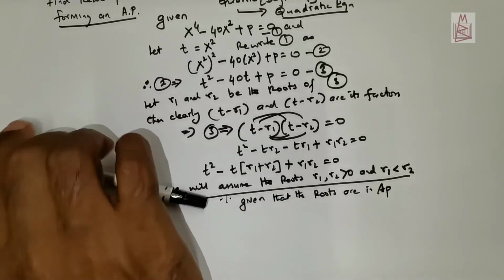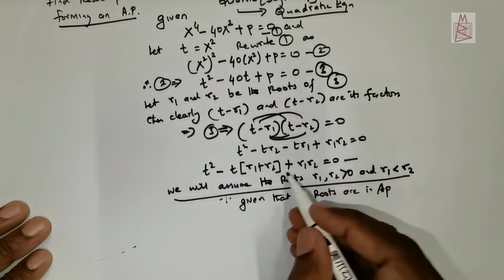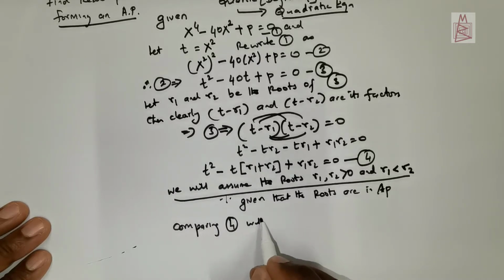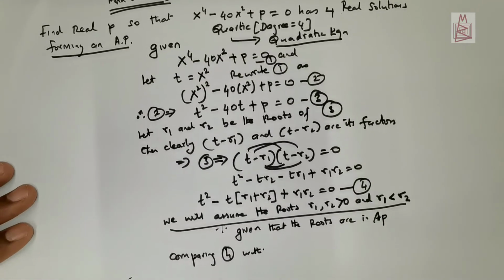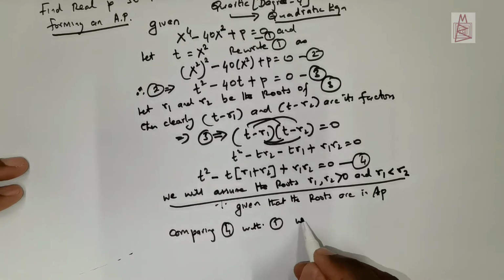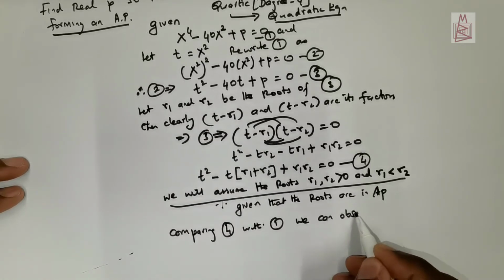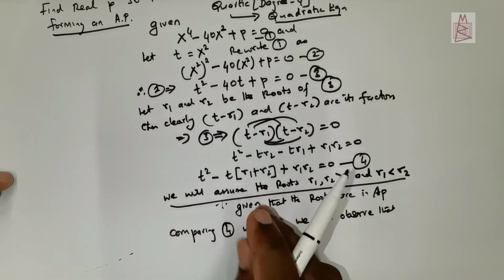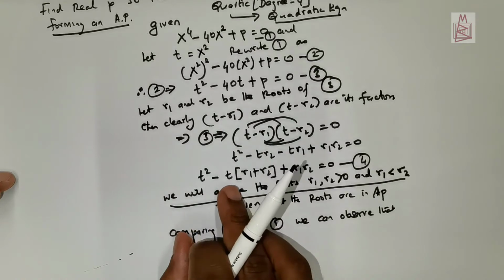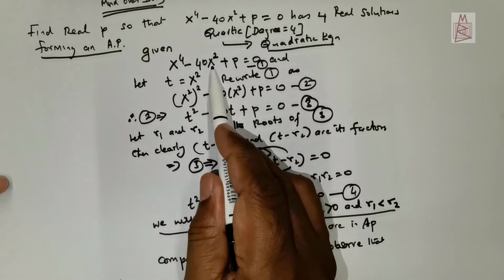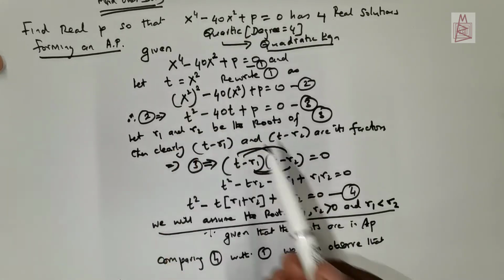Now, if I take this as 4, comparing 4 with the given equation 1, we can clearly observe the coefficient R1 plus R2, in other words the coefficient of t, is nothing but the coefficient of x squared because we have taken t to be x squared.